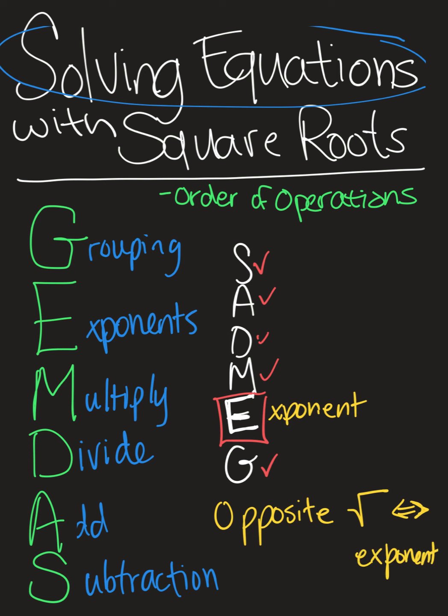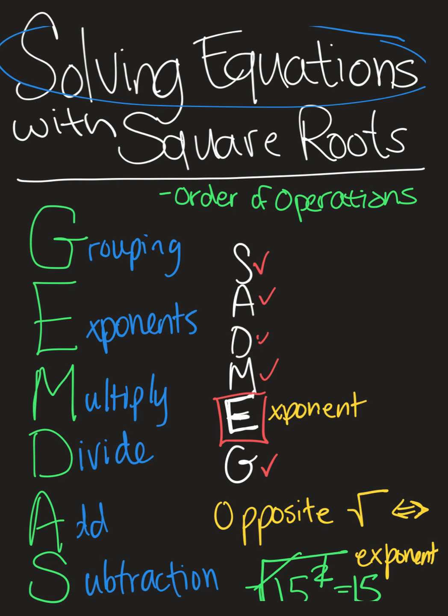Okay, so if I have a number to the power of 2, so 15 to the power of 2, to get rid of that exponent of 2, I would take the square root. And those would cancel each other out, and I'd be left with 15.